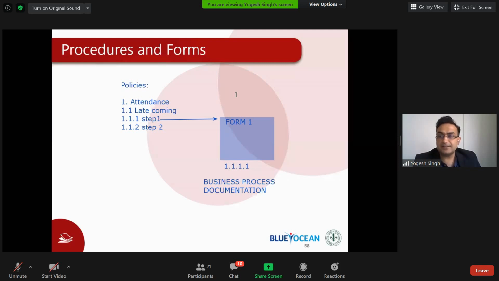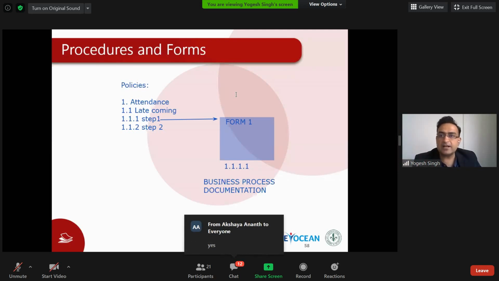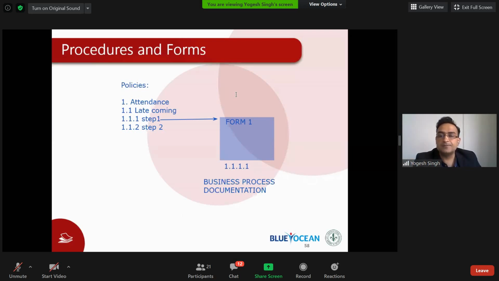It's a very simple thing, and people are not able to write down the forms properly and procedure number properly. It's a very simple thing to do. Whenever you are part of those operational excellence committees, because HR many times is part of the management committee, operational excellence committee, these things become very important to know and to systemize your work. All right.